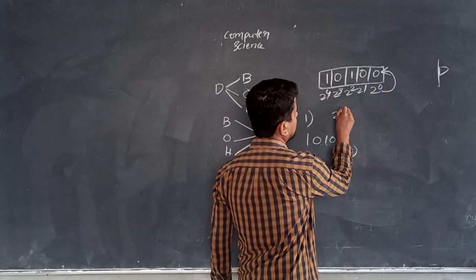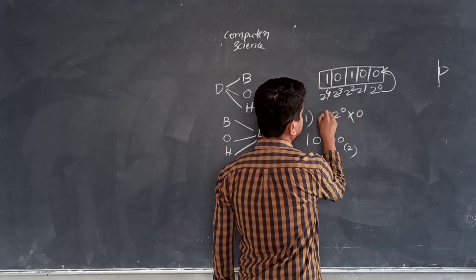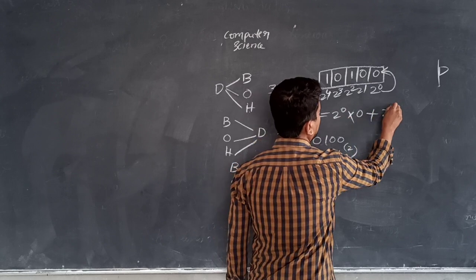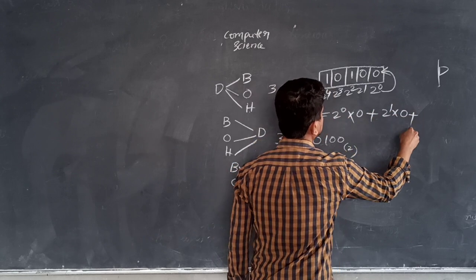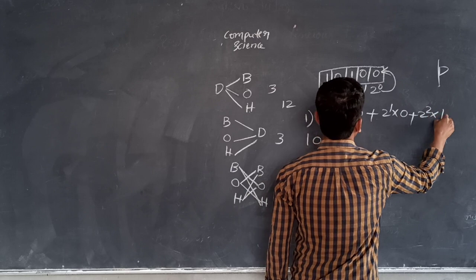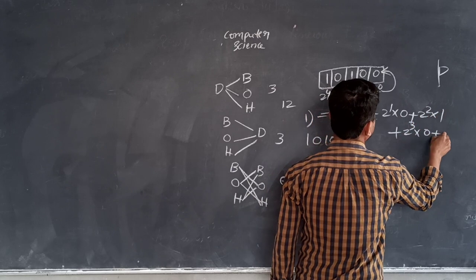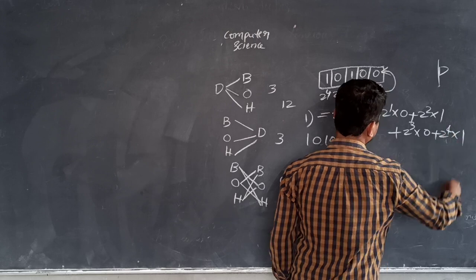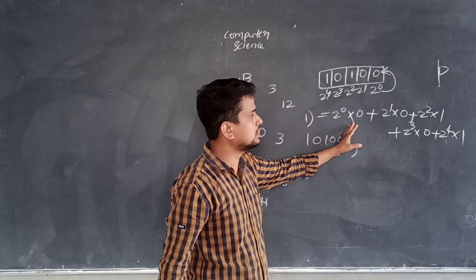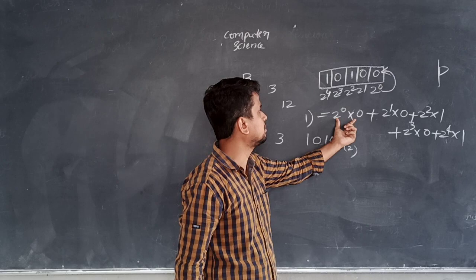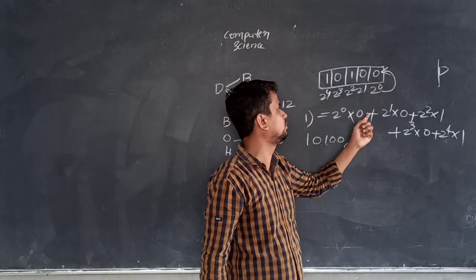So here 2 power 0 into 0 plus 2 power 1 into 0 plus 2 square into 1 plus 2 cube into 0 plus 2 power 4 into 1. So these are multiplying each digit by its positional weights.